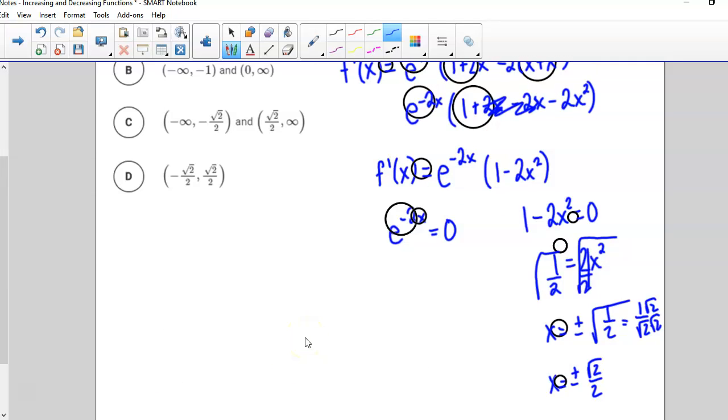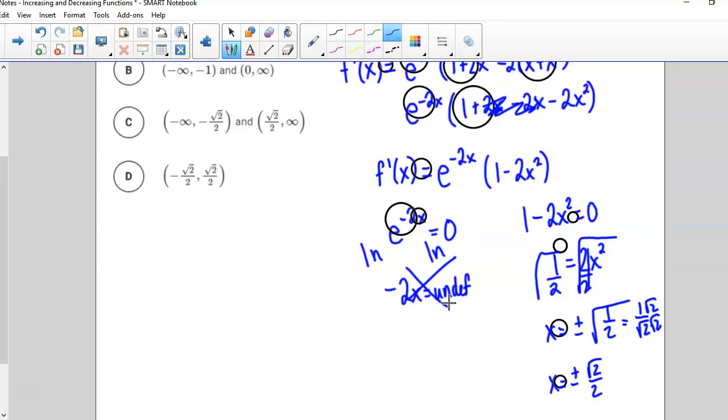All right, how do I get rid of an e? Natural log. So if I take natural log of both sides, I get negative 2x equals, what's the natural log of 0? You got your calculator out, type it in, natural log of 0. Undefined, okay? So you obviously can't solve any further than that, you don't get any answers for this.